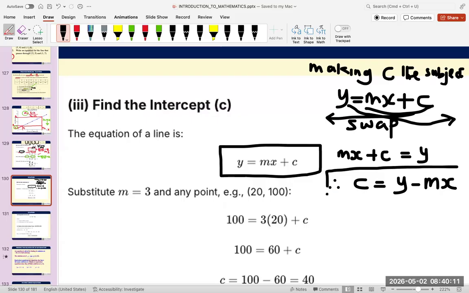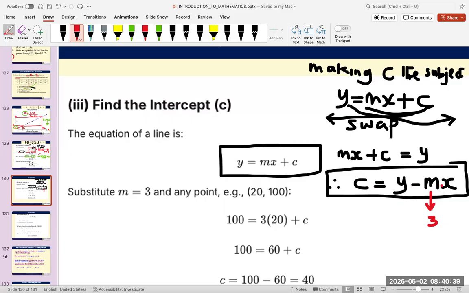This is the formula we can use to find the C. C equals Y minus mx. At this point, I don't have a problem with M because we have found M and we had 3. How do we get Y? How do we get X? To fix them to get C.